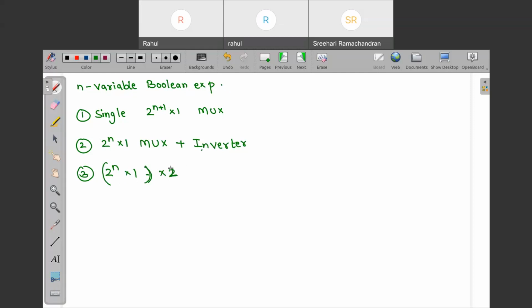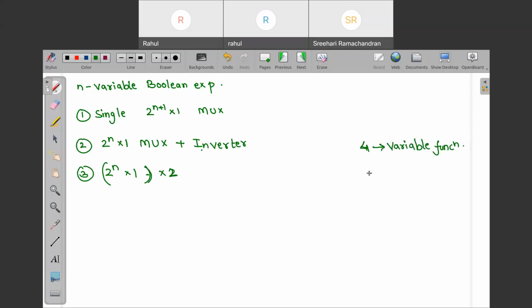So now let me ask you, if I have a 4 variable Boolean function, and if I want to implement it using a single mux, what should be the size of the mux?